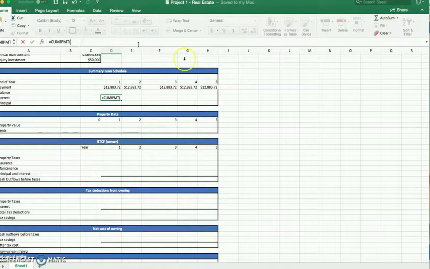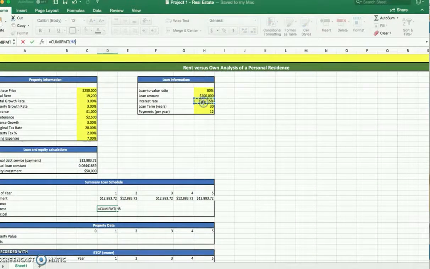And then do the interest rate divided by the payments per year, and then the loan term times the 12 payments, and then the loan amount, 12 and 0. And multiply that by -1, so that shows up as a positive number.